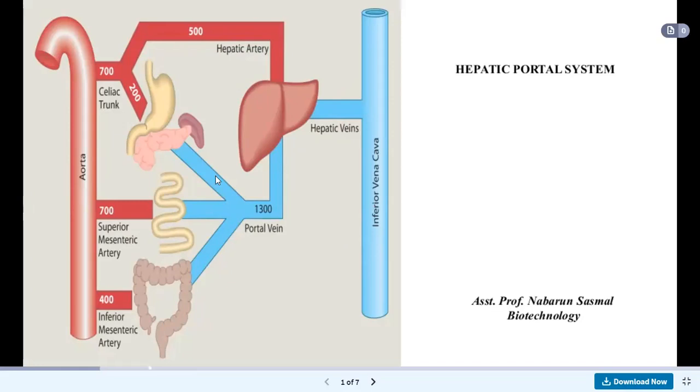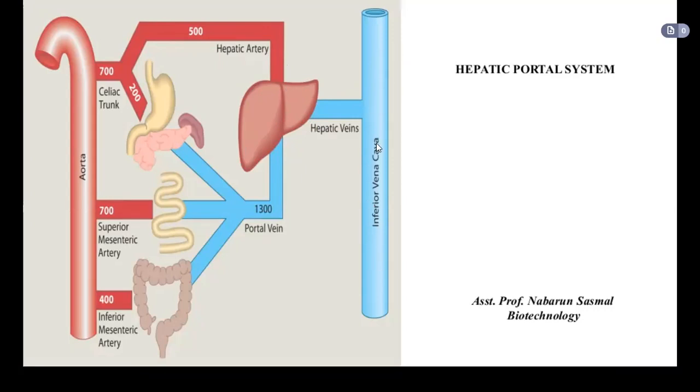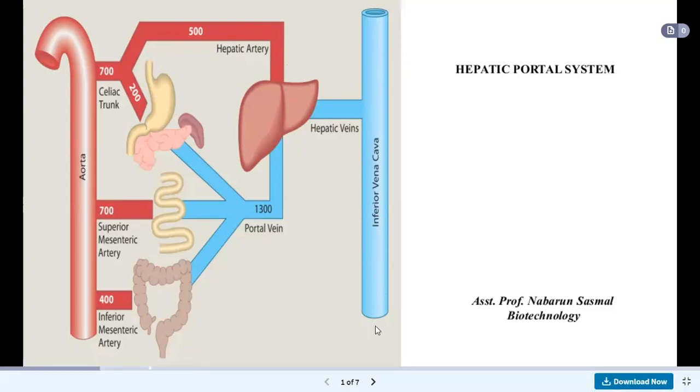So all these veins join together to form the portal vein. The portal vein carries a larger volume of blood to the liver, while the hepatic artery carries a smaller volume of blood to the liver. And once the liver is done using the blood, it enters the hepatic vein, which carries it to the inferior vena cava, and then from the inferior vena cava to the heart, and then it is taken to the lungs for oxygenation.